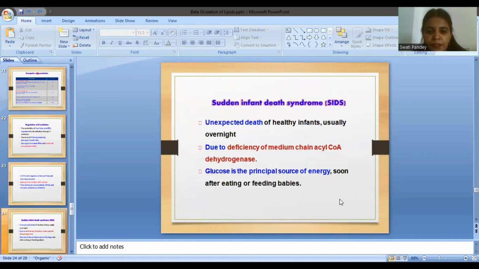Coming to the first step of the beta oxidation, that is oxidation. We saw there that SIDS was written. That is the sudden infant death syndrome. This is an unexpected death of a healthy infant, usually overnight. This is due to the deficiency of medium chain acyl coenzyme A dehydrogenase. Glucose is a principal source of energy soon after eating or feeding of the babies.